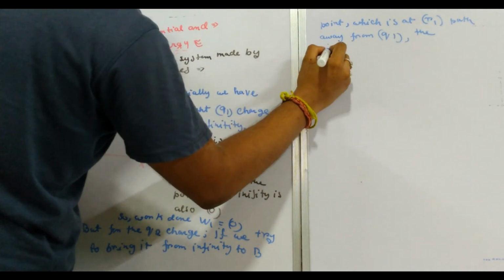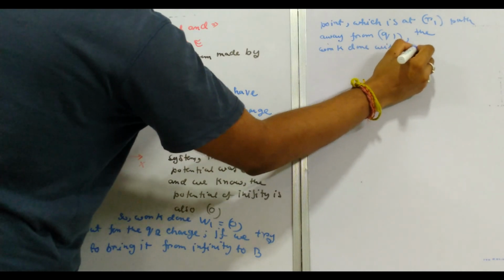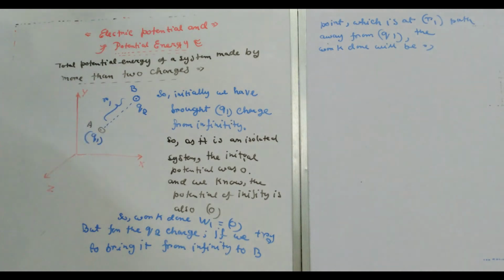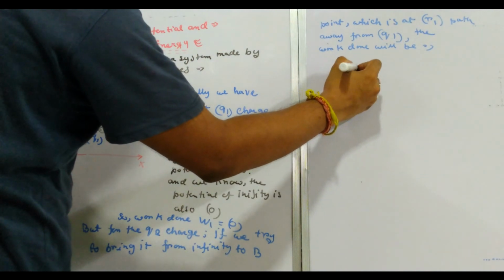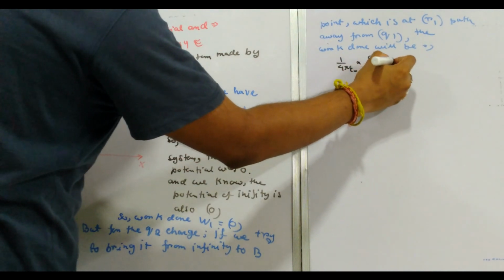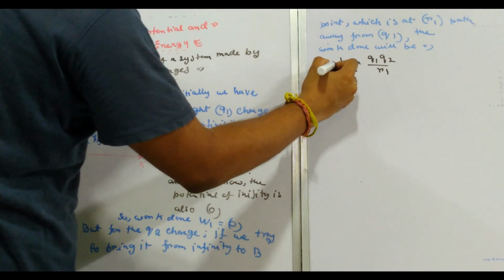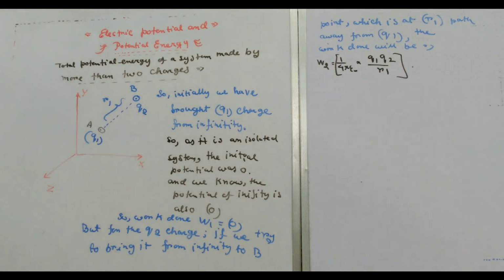The work done will be the potential of point B due to the q1 charge times the amount of q2. So this will be 1 by 4 pi epsilon naught into q1 q2 by r1, and this will be the potential energy of the system right now.